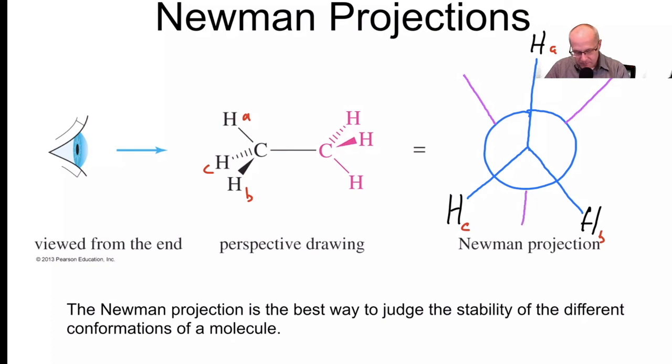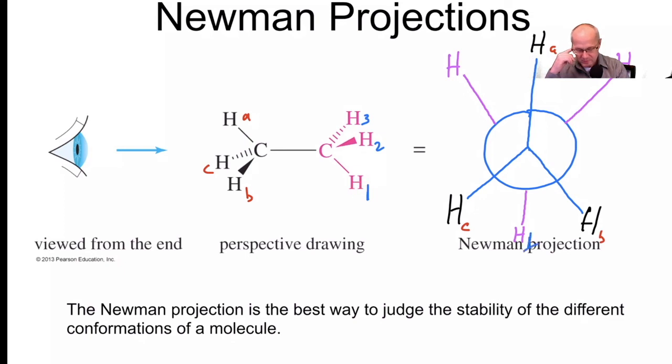Okay? And let's give these some letters. Let's call that A. Well, let's give it numbers. Call that 1, 2, and 3. All right. Now, this one, hydrogen 1, is right here.